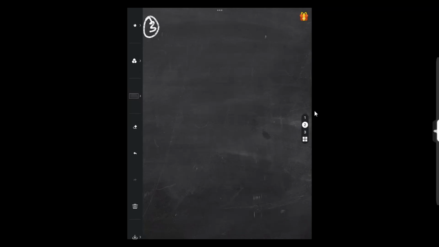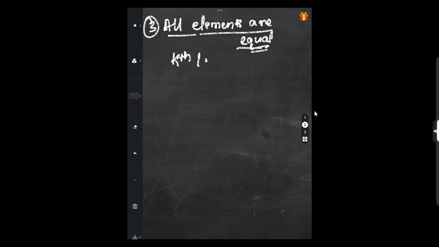So let's go with the third edge case now, all elements are equal. Let me consider kth largest of 2, all elements are equal, right? Let me consider 5, 5, 5, 5 here in this case.